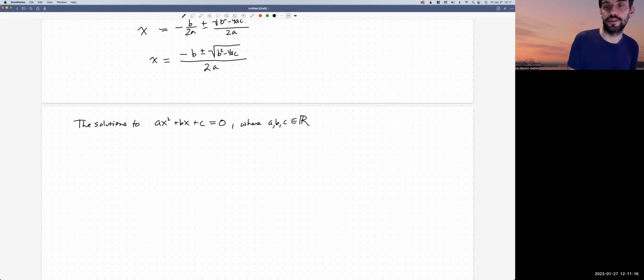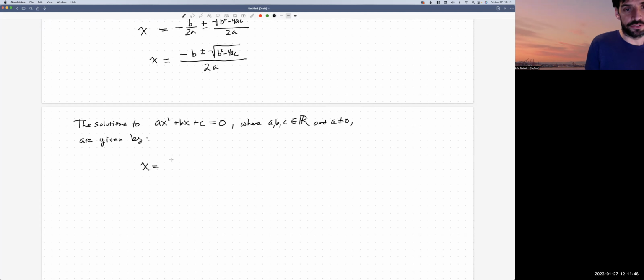This little squirrely e thing just means are in, or are members of the set, and this R with the double line is just the real numbers. So all that means is where a, b, and c are real numbers, and a is not 0. So the solutions to this with these conditions are given by x is equal to negative b plus or minus the square root of b squared minus 4ac all over 2a.